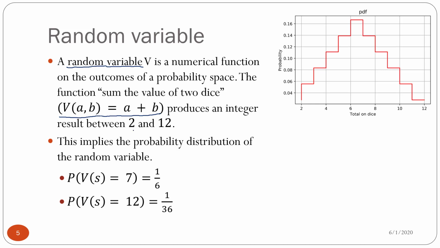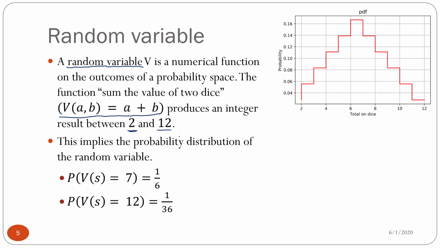So the smallest value would be 2. Similarly, if I ask you what the maximum value is in this experiment, it is when 6 is on the face of the red dice and another 6 is on the blue dice. When you add 6 plus 6, the maximum value that you get is 12.